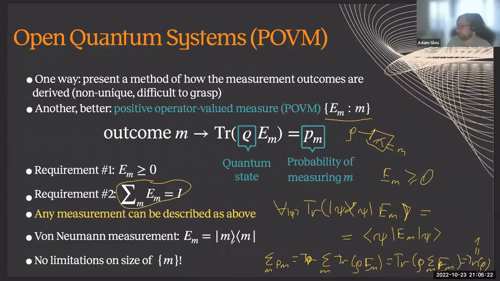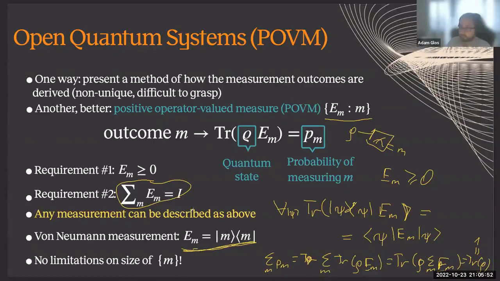In fact, since I said that this POVM describes a very general measurement procedure, we can also describe our typical computational basis measurement this way, just by taking the projectors onto state M. One can quite easily verify that both of these requirements hold and that these probabilities will match.